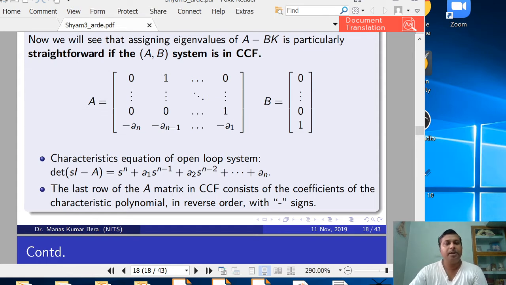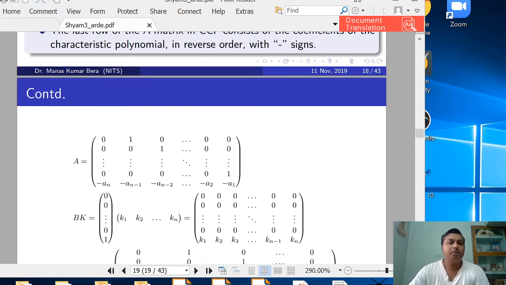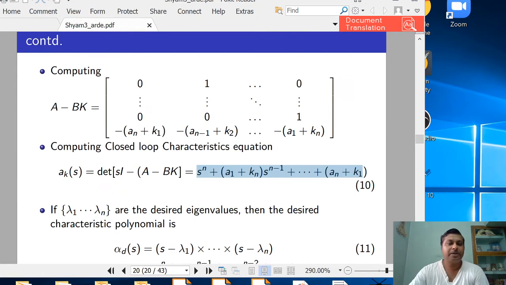If and only if the system is controllable, then any system can be transformed to a controller canonical form with a suitable transformation matrix T.